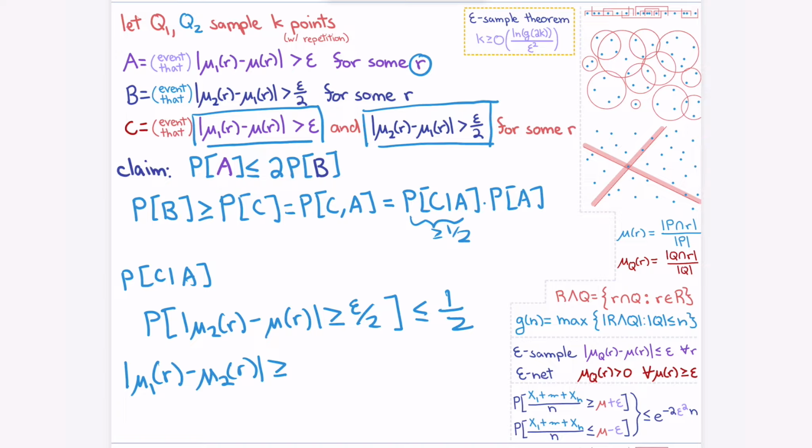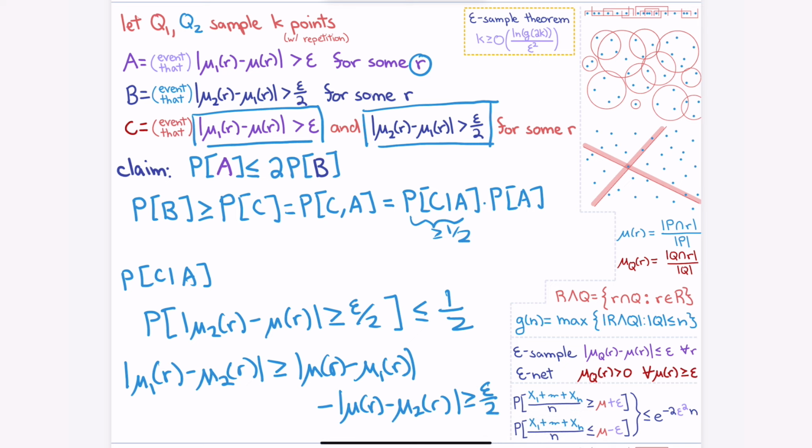But this is at least the error from the first sample minus the error from the second sample. And if you're telling me that the error from the first sample is really big, then with pretty good probability the error from the second sample is small, like we expect, and you'll get your epsilon over 2.